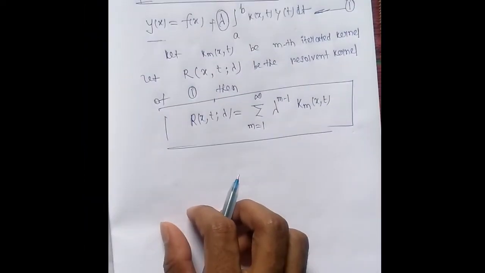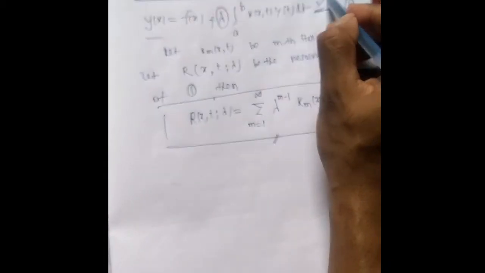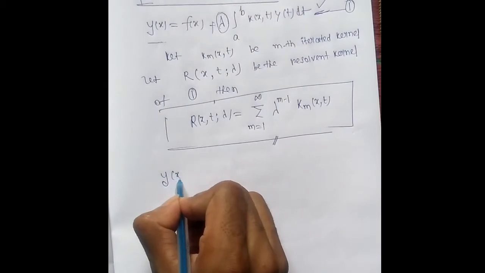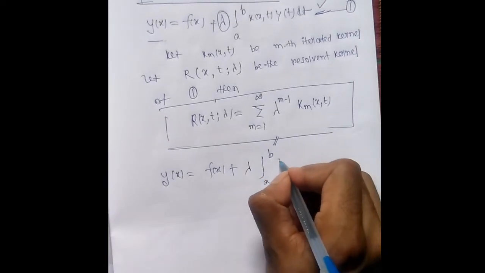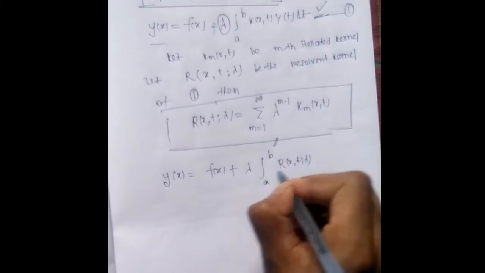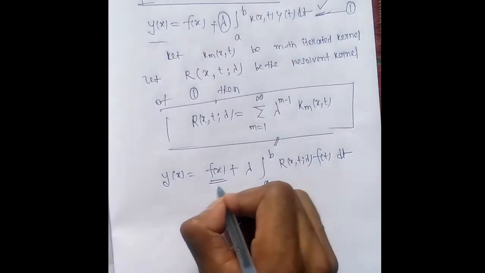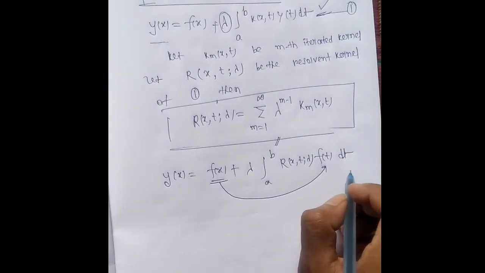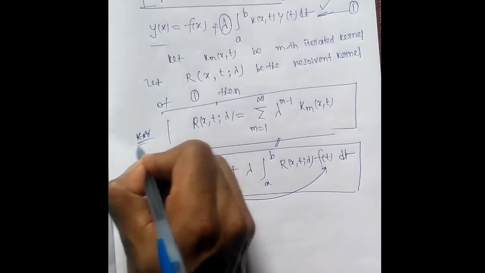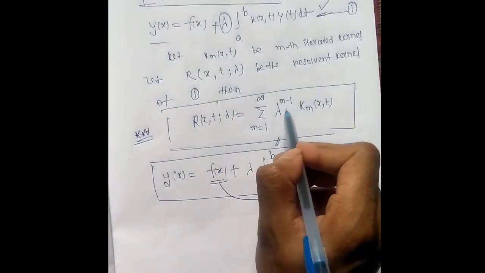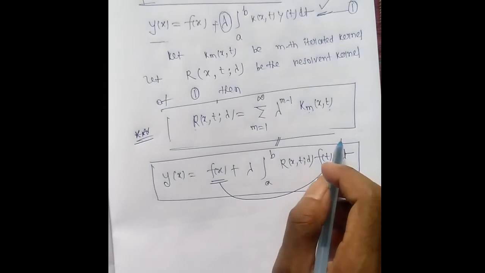Okay, if this infinite series exists, then the solution of 1 can be written as y(x) equal to f(x) plus lambda integration over a to b R(x,t;lambda) f(t) dt, not y(t). This f(x) can be written as f(t). Okay, this is our solution. This is very important. R(x,t;lambda) is lambda to the power m minus 1 K_m(x,t), m equal to 1 to infinity. This is an infinite series.